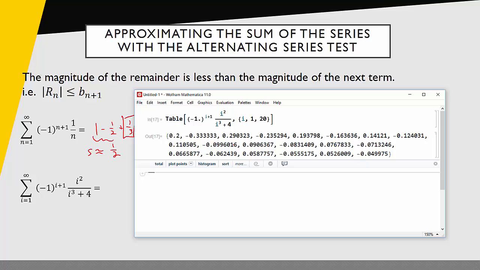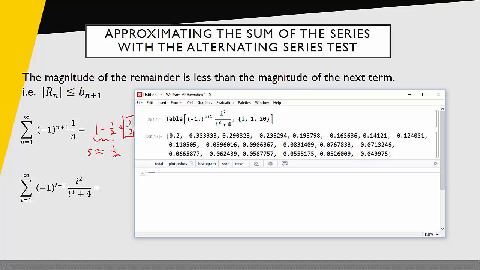So even though initially it doesn't look like it meets my criteria, eventually it does, and really we call that the tail of the series, or all the elements past some point, and as long as the tail behaves properly, then I can say that my series converges. So really, after that first term, the rest of my b's are decreasing.